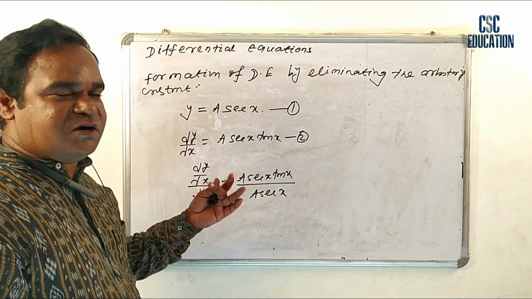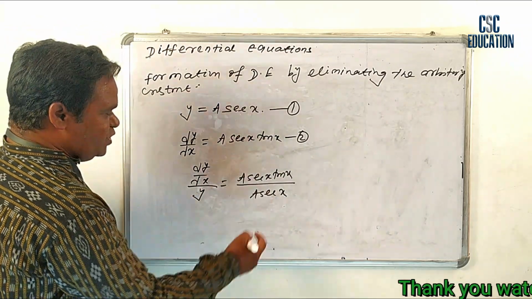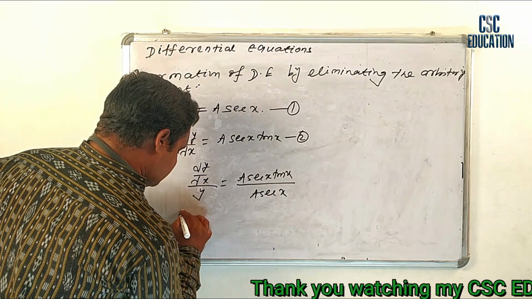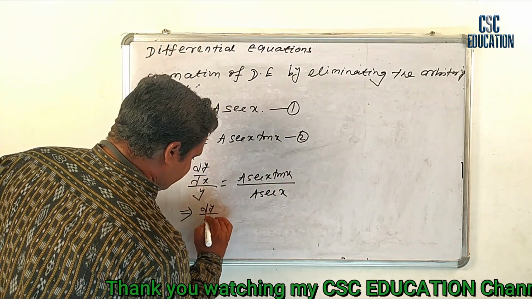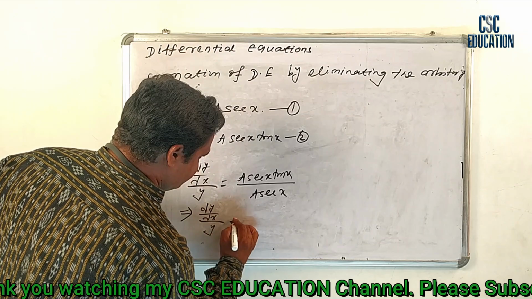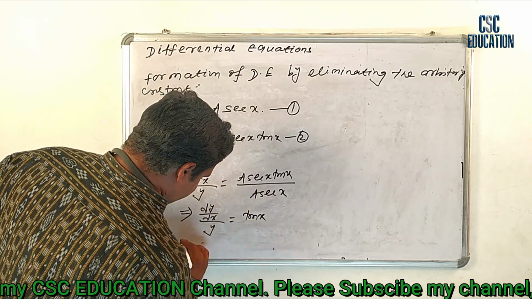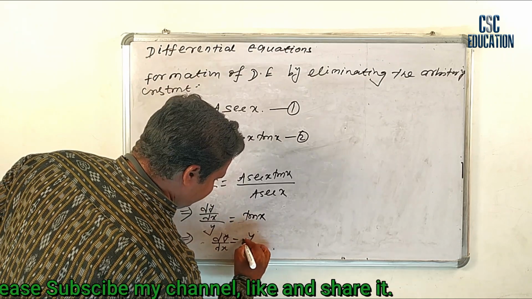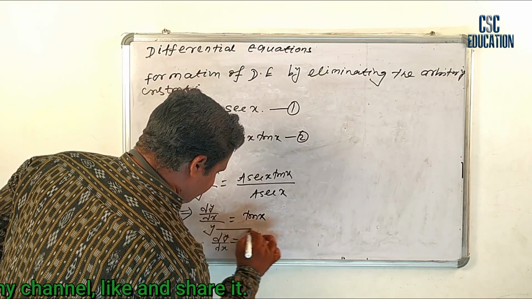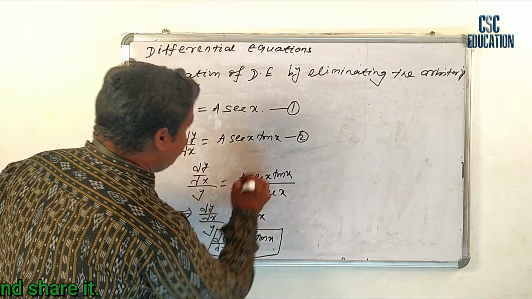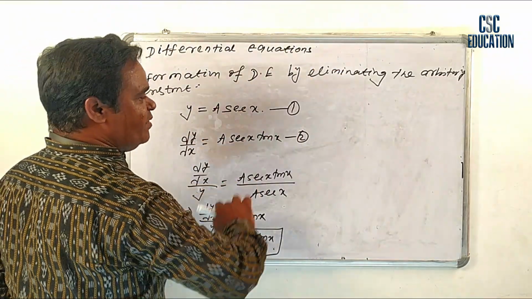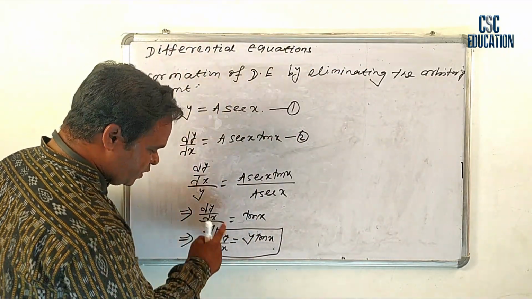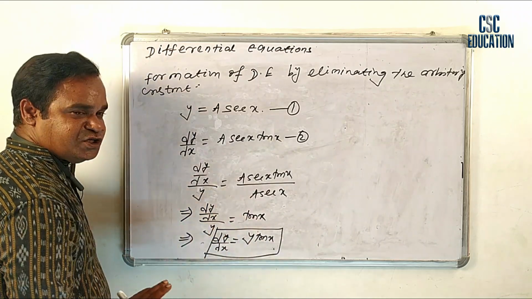Here a sec x cancels out, so dy by dx by y equals tan x. This implies dy by dx equals y tan x. That is the differential equation, formed by eliminating the arbitrary constant.